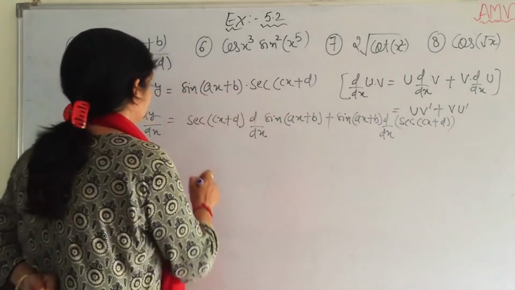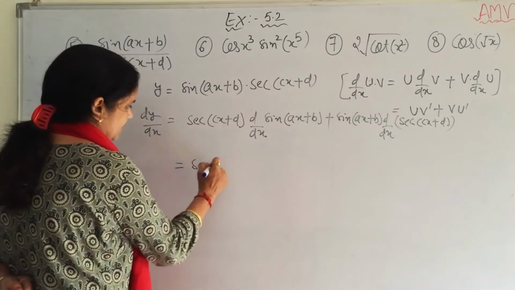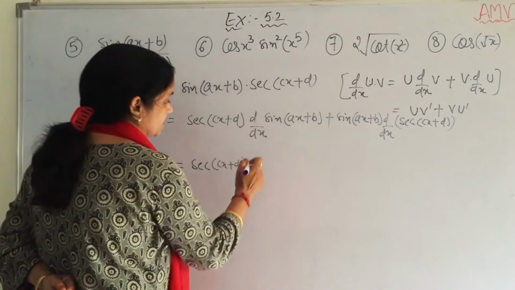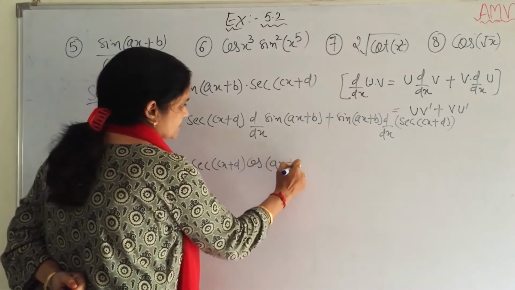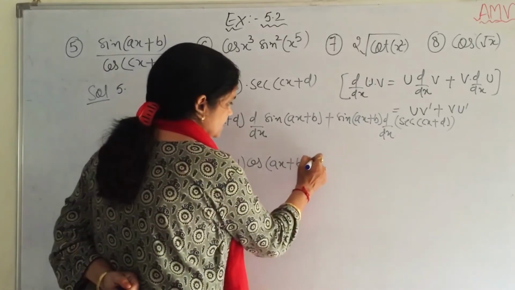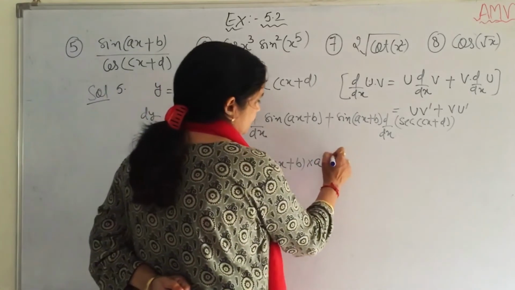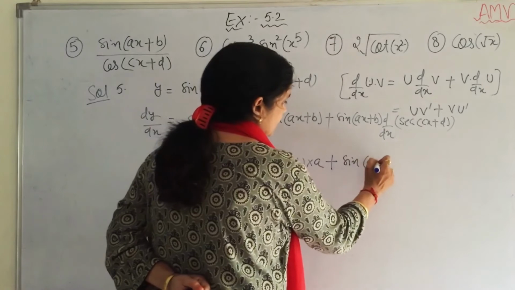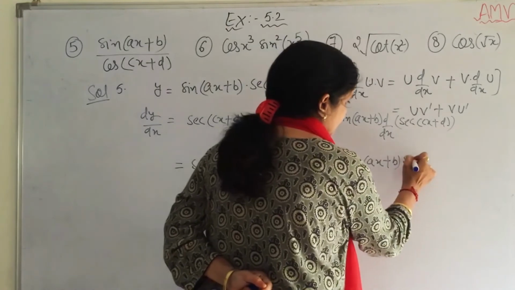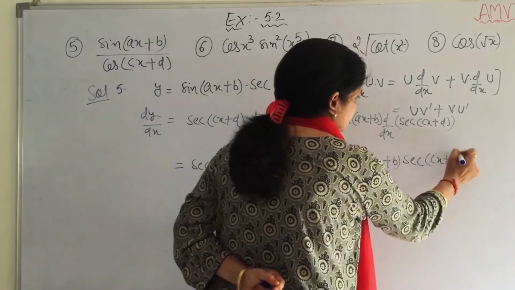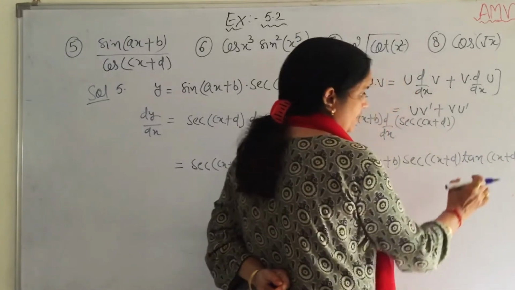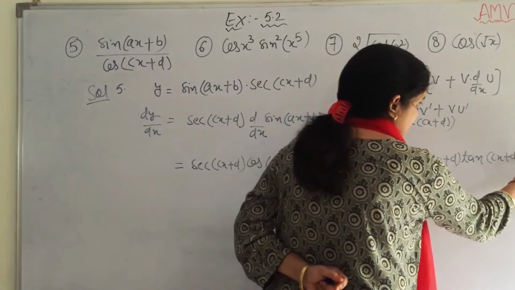Take sec(cx plus d) as it is, the derivative of sin is cos(ax plus b), and the derivative of ax plus b is a. Here plus sin(ax plus b) as it is, the derivative of sec is sec(cx plus d) tan(cx plus d), and the derivative of cx plus d is c.